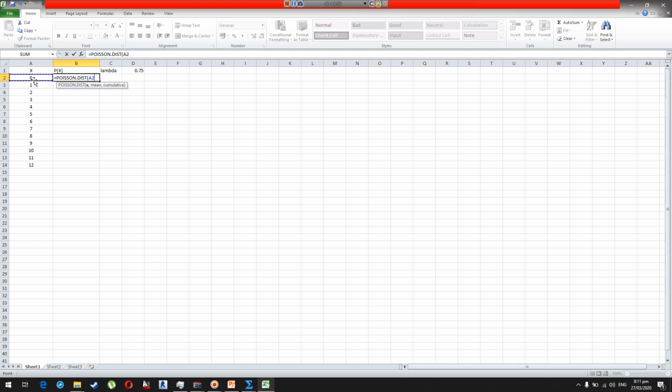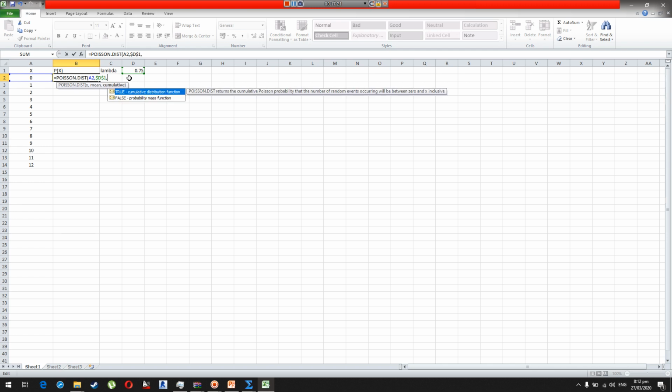First, X is 0, then for the mean I have 0.75, so I have to fix that 0.75, and for fixing it I will use the dollar signs, one here and another one here.